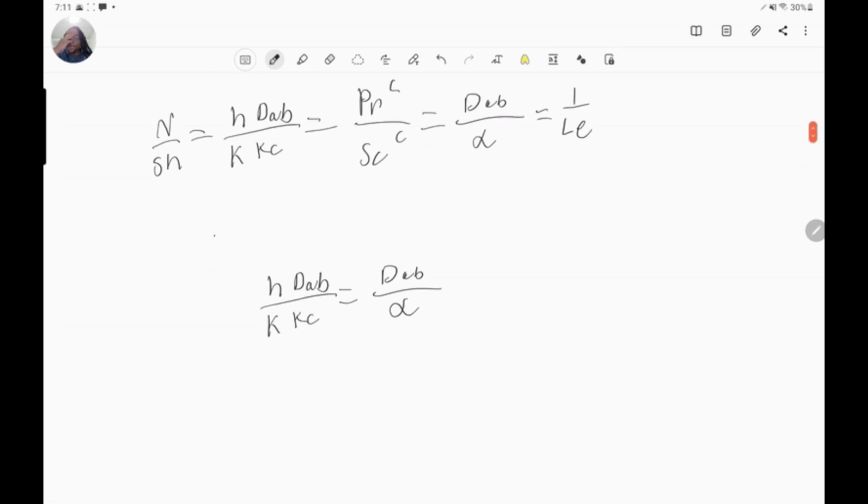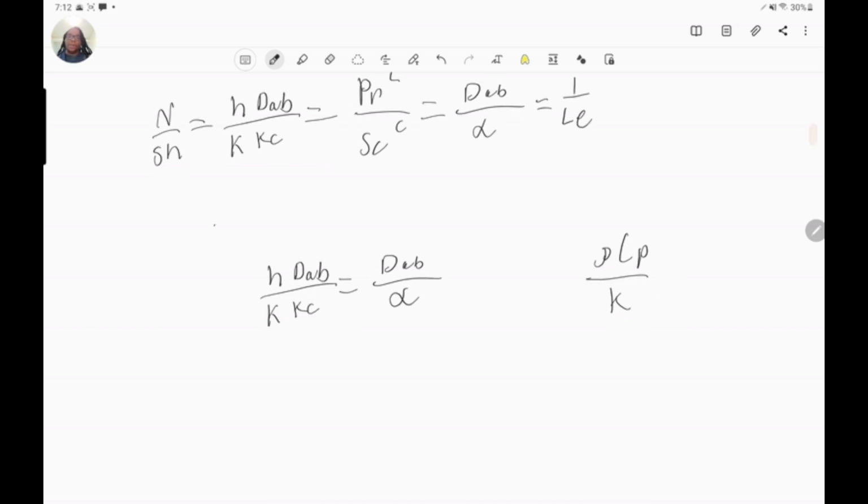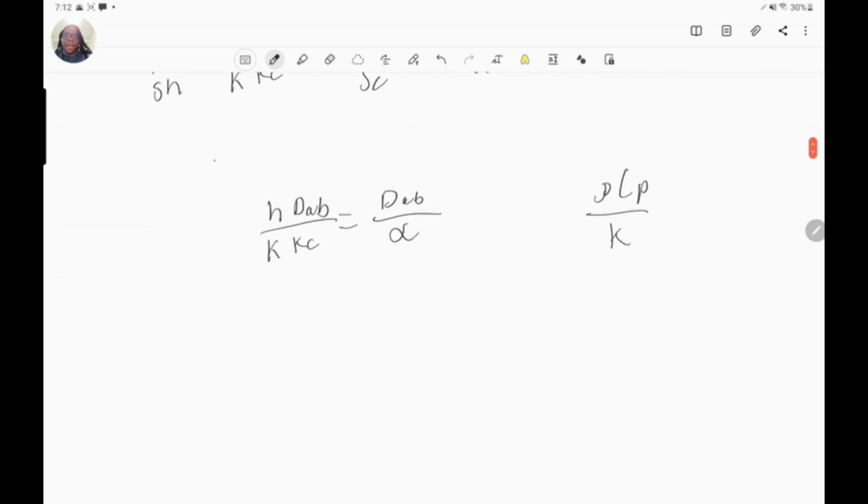From there, we know that our thermal diffusivity here is equal to rho, our density, times our specific heat, over our K. And so we're going to plug that in for A.